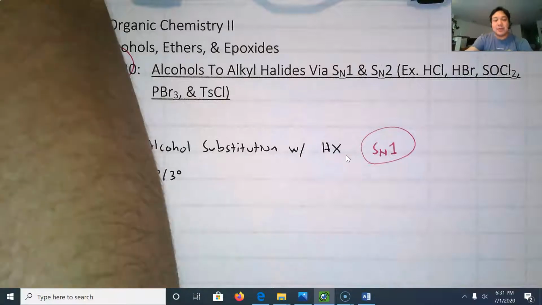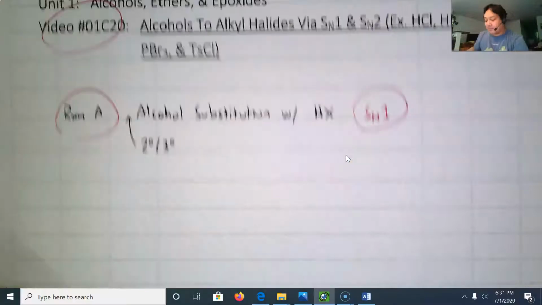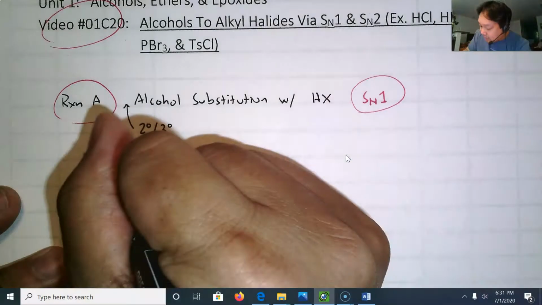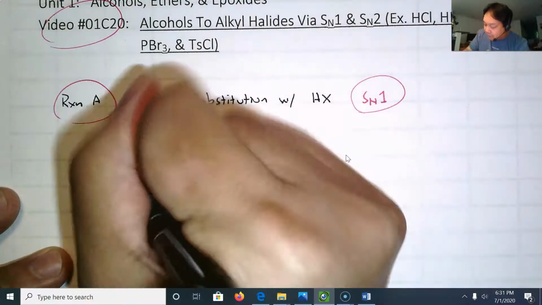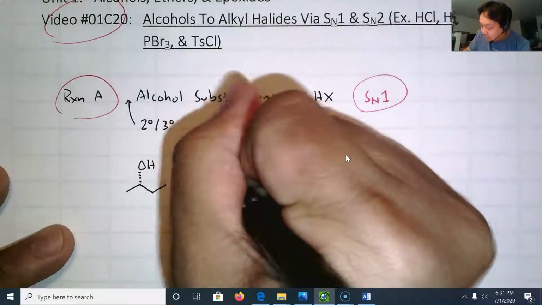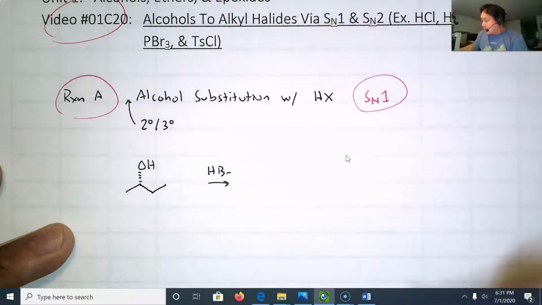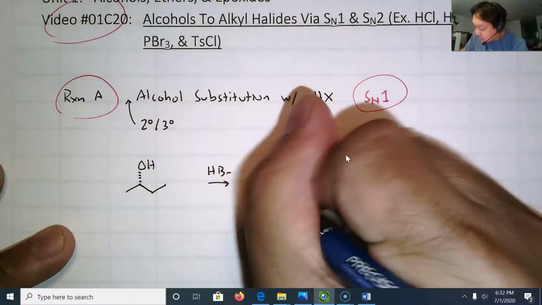Let me show you the overall reaction, and when you see the mechanism, this will be pretty clear. Let us take this secondary alcohol, OH. We're going to use HBr. And the product is this.